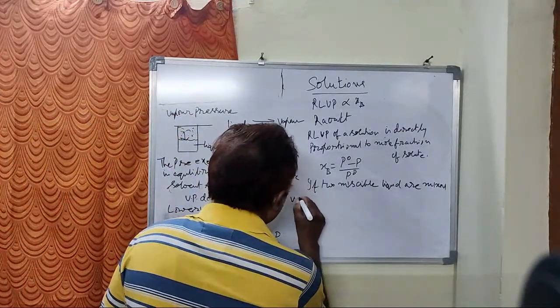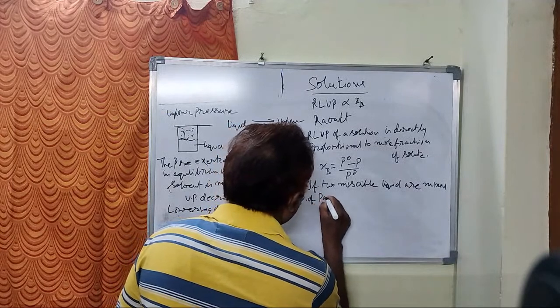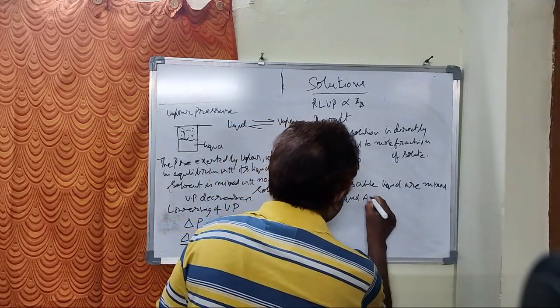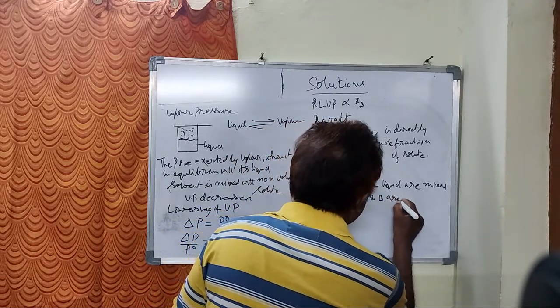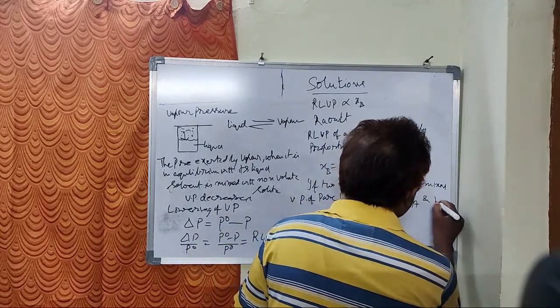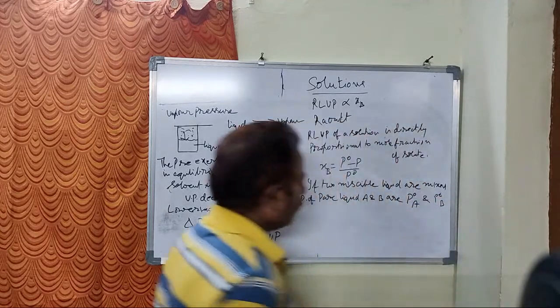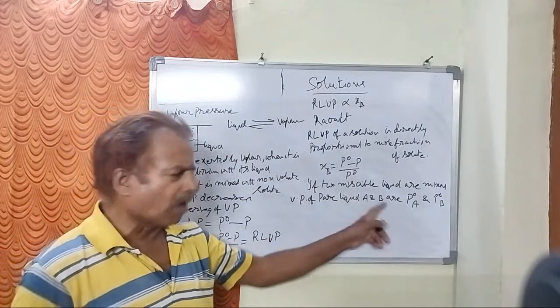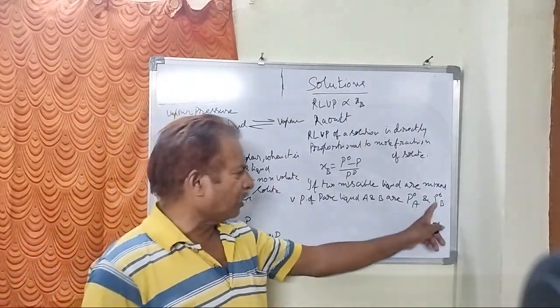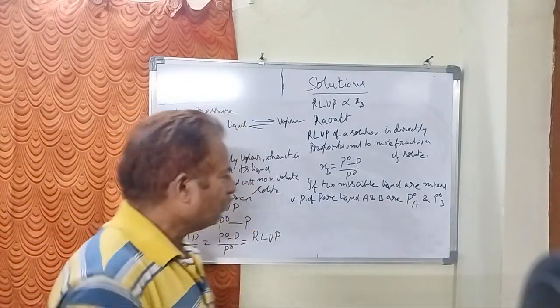See, the vapor pressures of pure liquids A and B, let us consider P0A and P0B. So the vapor pressure of solvent A or liquid A is nothing but P0A, and the vapor pressure of liquid B is P0B.